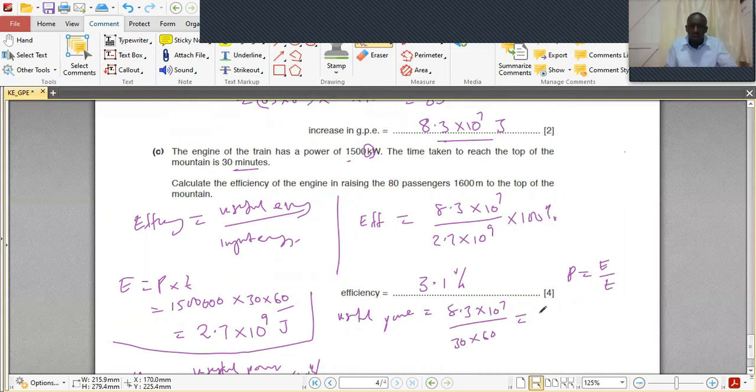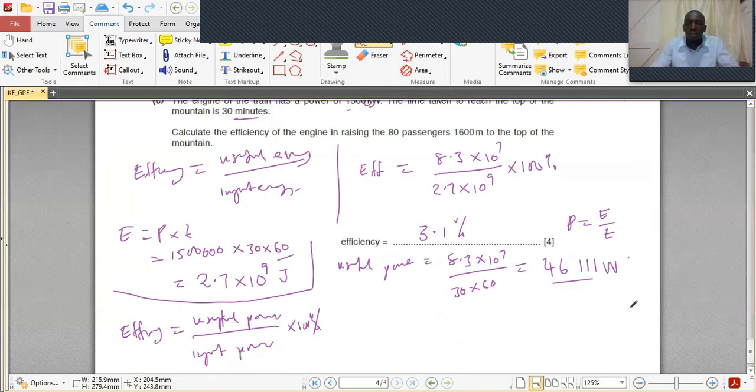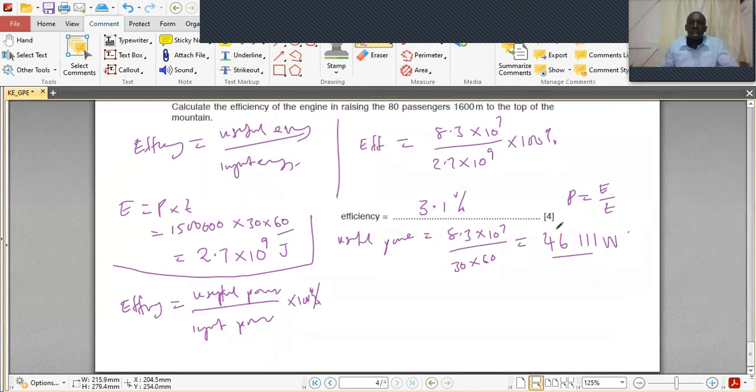So if you do that, that would be 8.3 times 10 power 7 divided by 30 times 60, that is 1,800. So we'll get 46,111. As you can see, you are not advised to round off the answer prematurely, before the final answer.